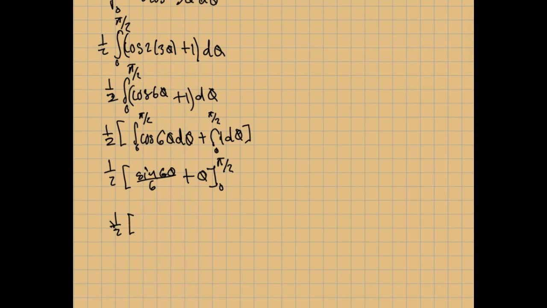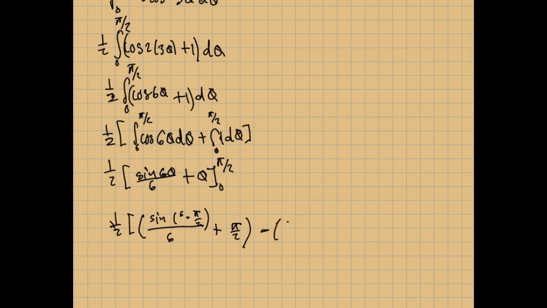So now we have half outside, still multiplying. Well, when we take the first case, that is when theta is pi over 2, then we subtract when theta is 0. So it would be sine of 6 by pi over 2, and that's going to be 3 pi, right? Over 6 plus pi over 2. Okay?